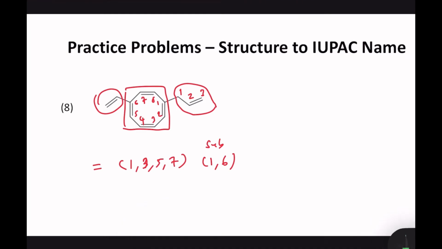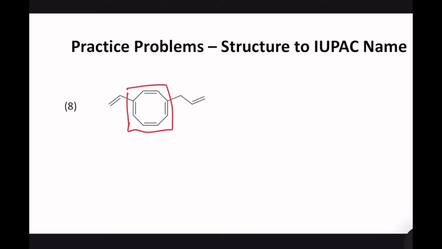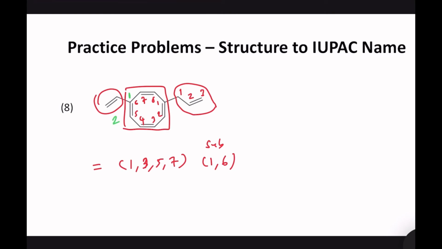On the contrary, if we do the numbering starting from the ethynyl, then 1, 2, 3, 4, 5, 6, 7, 8.